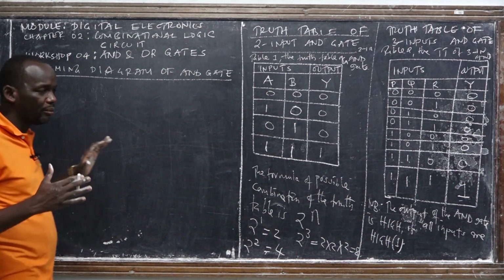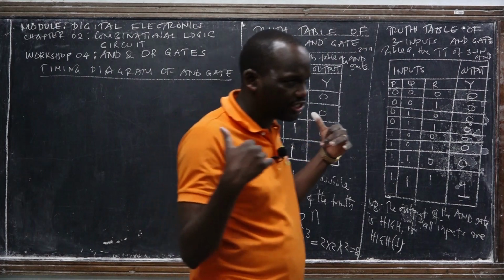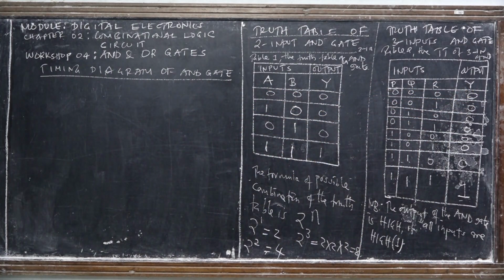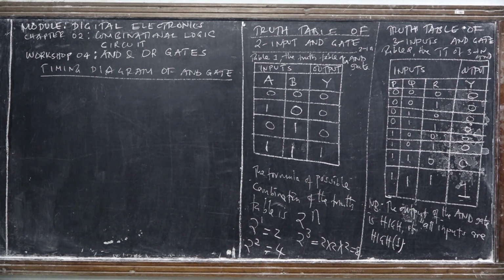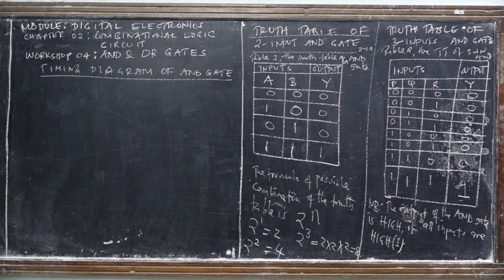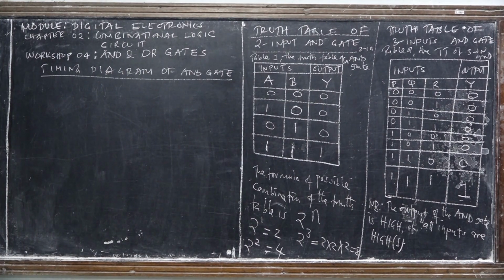And we have 2 times in these graphs. One time is called the rise time. And the other one is called the falling time. The digital signal will rise, and also in some cases it will fall. So you have rising time and falling time. That's why we call the graph a timing diagram.